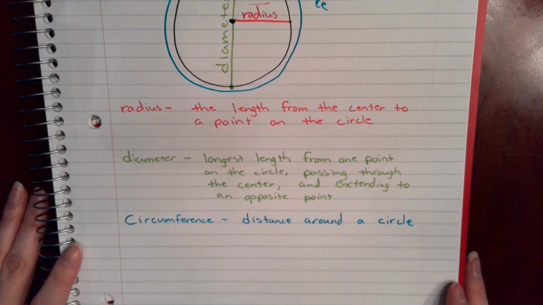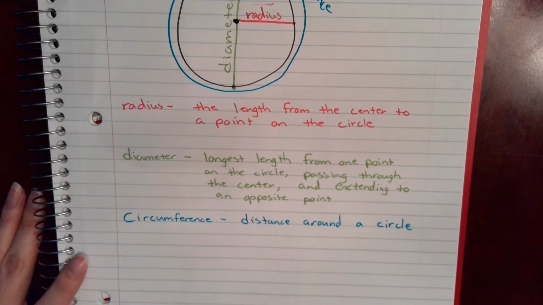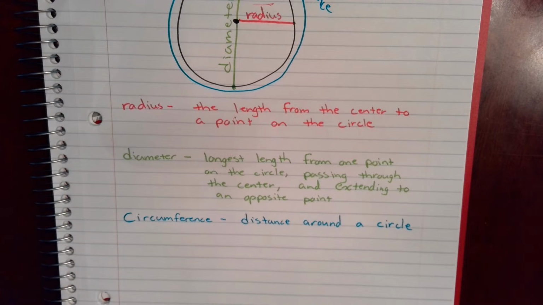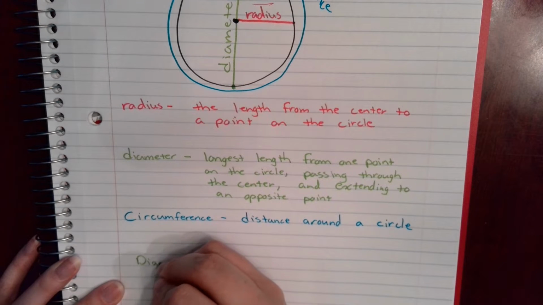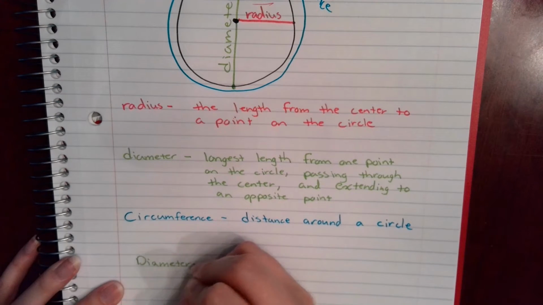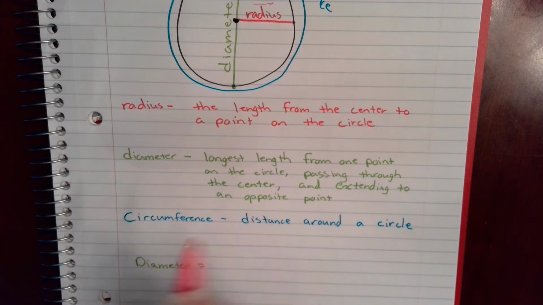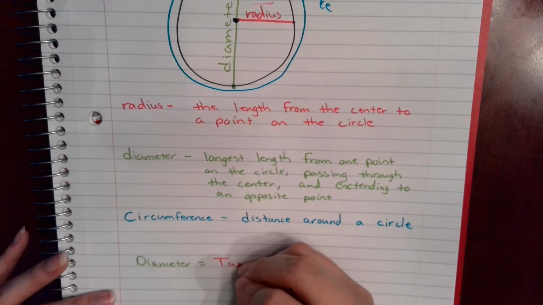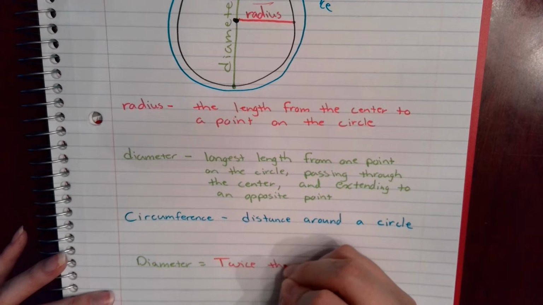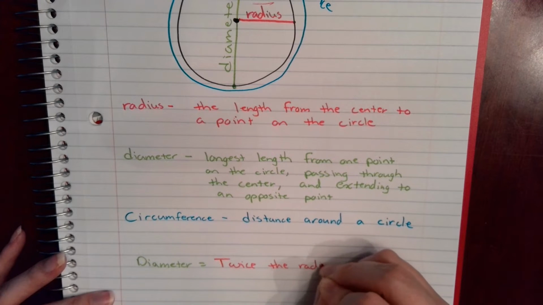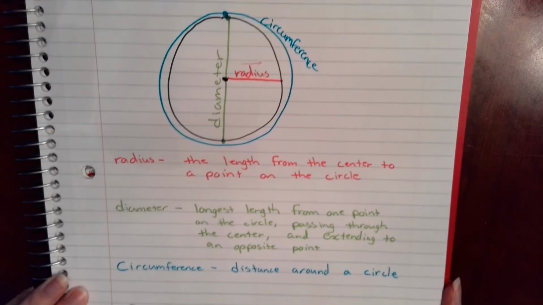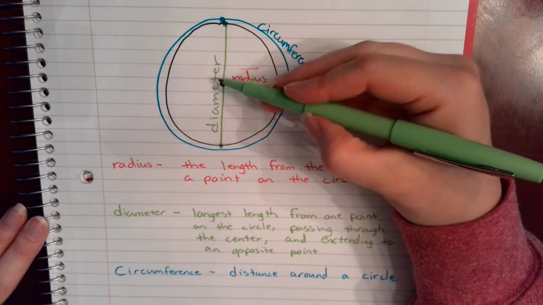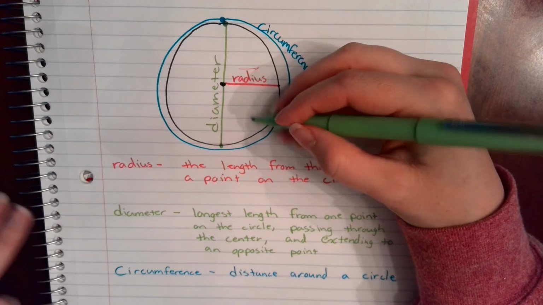Okay? Now, some important things to make sure you keep in mind. When we're talking about the diameter, the measurement for the diameter is equal to twice the radius. So let's take a look at the picture. Your diameter measurement, remember I said the radius starts at the center and extends to one point, right?